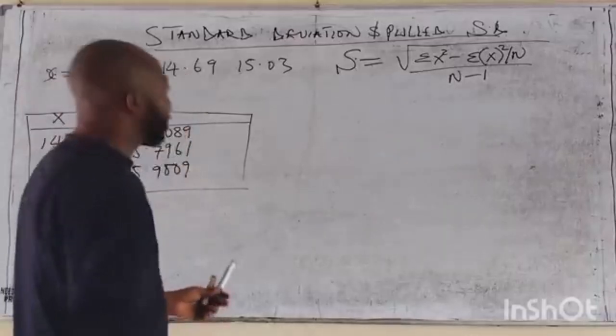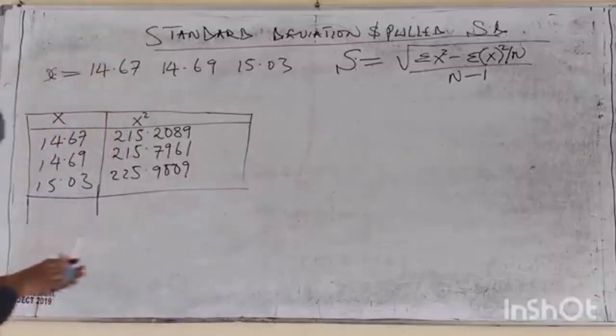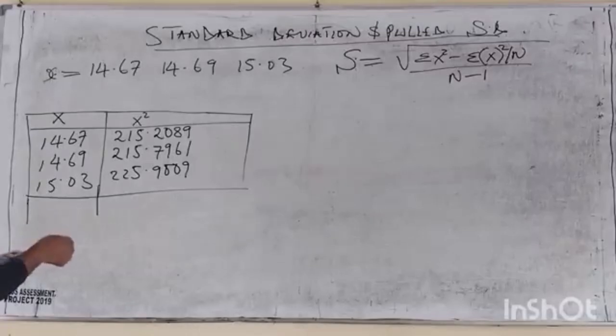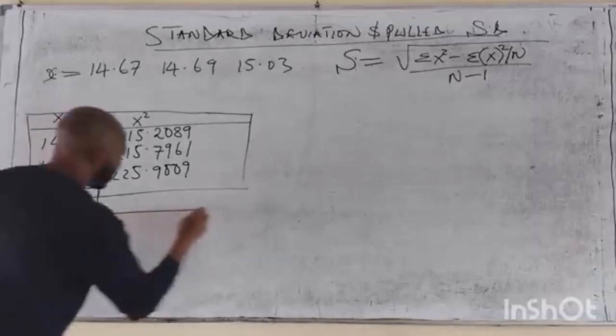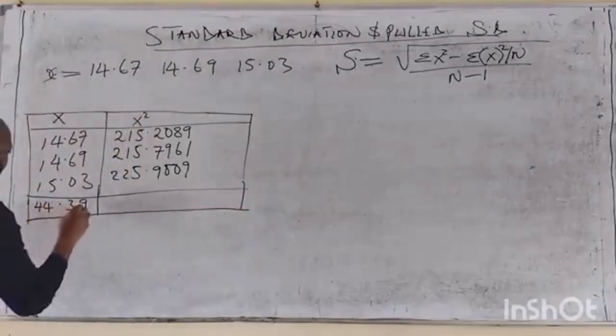So from the formula, what we're having is summation. So we have to sum them all up and see what we're going to get. From here, 14.67 plus 14.69 plus 15.03 gives 44.39.